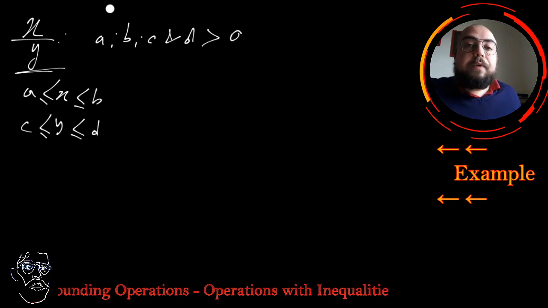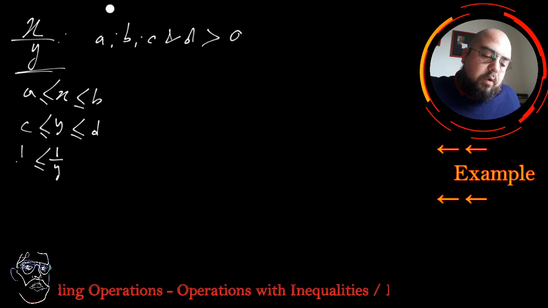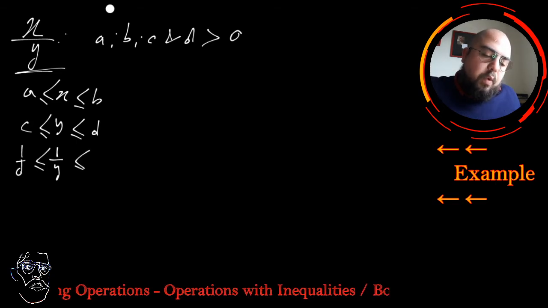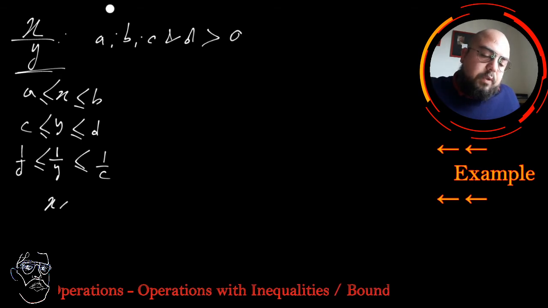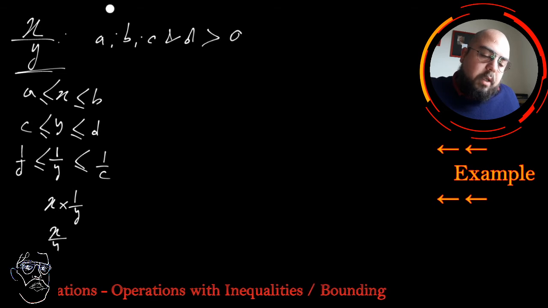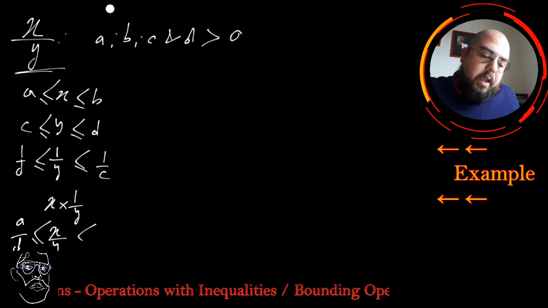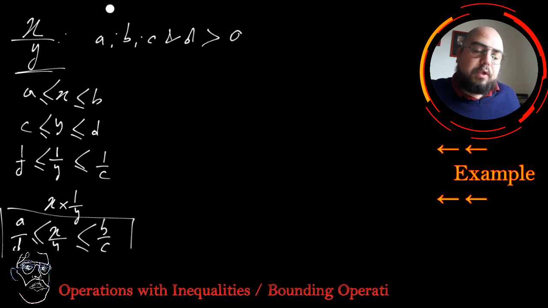I cannot do division directly. I need to find out 1 over y, which is between 1 over d and 1 over c. And right now I can say that x times 1 over y, which is x over y, will be between a over d and b over c. So this is how you do the division.